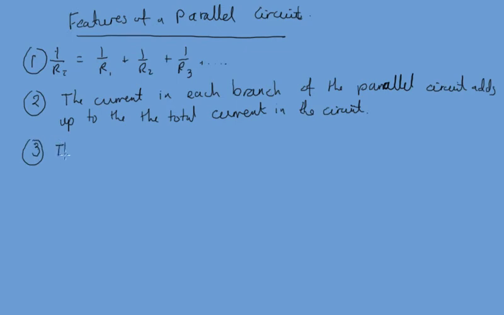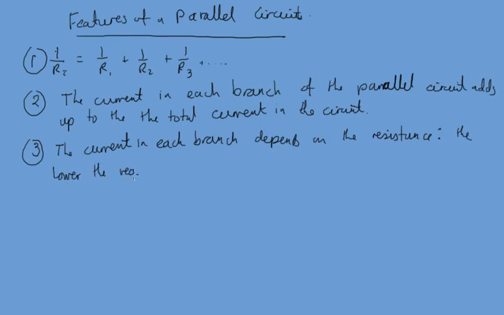Thirdly, the current in each branch depends on the resistance. The lower the resistance, the higher the current.